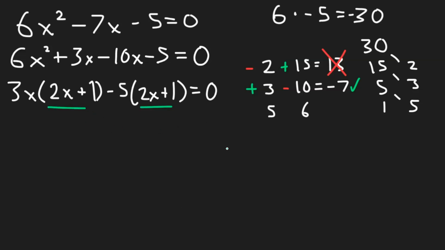This should result in two identical expressions in each bracket that we can factor out as 2x plus 1.